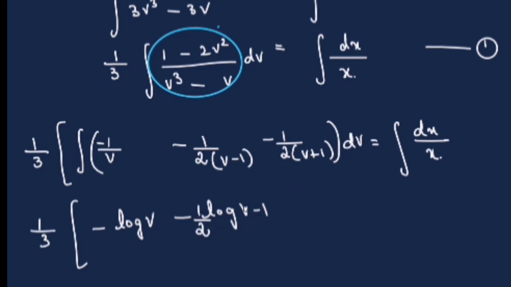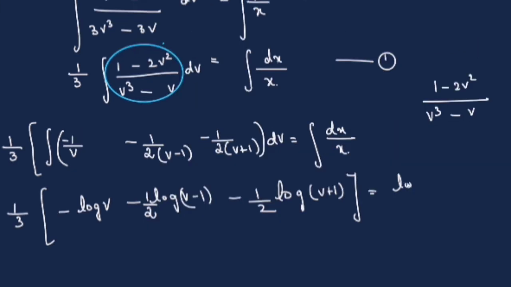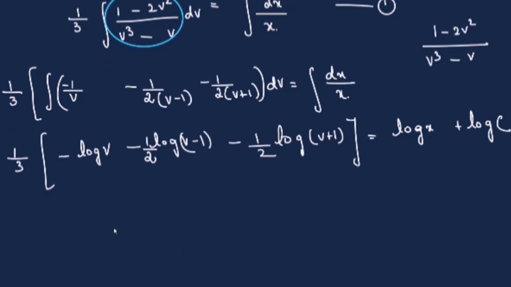And this is minus 1 by 2 log (v plus 1). Integral of 1 by x is log x. You have to add a constant. Because you have log everywhere, you can add the constant as log c. So that is your log x plus log c.